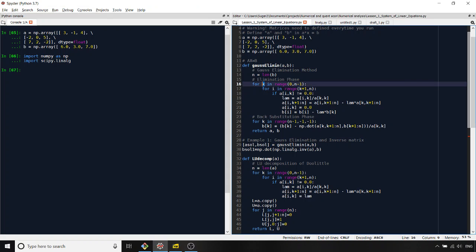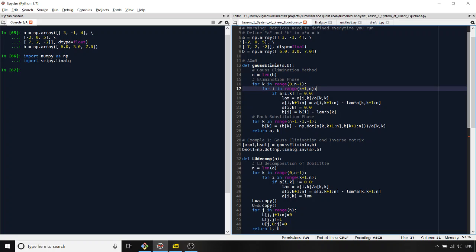So k is going through columns and i is going through rows. From column 0, the first column, to the last column, and then for each column element we go through rows which are one index higher. So let's talk about how it's implemented.